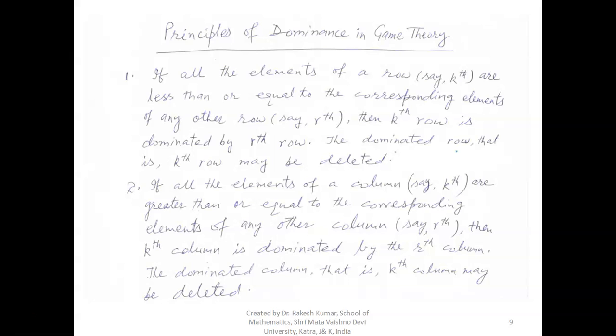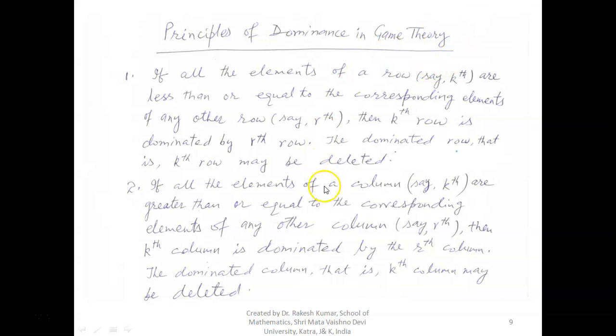Similarly, we can argue that if all the elements of a row in case of principle 1 are less than or equal to the corresponding elements of another row, then in this case also the particular strategy whose elements are less than the elements of any other row is dominated, and that produces less payoff to player A, and that's why player A should not choose that inferior strategy.